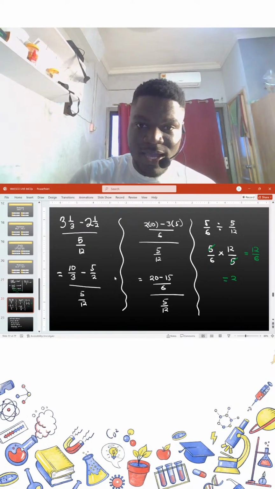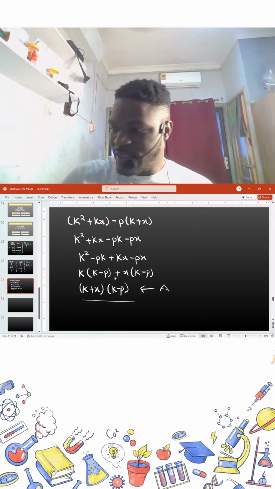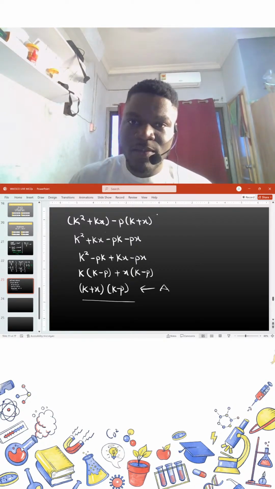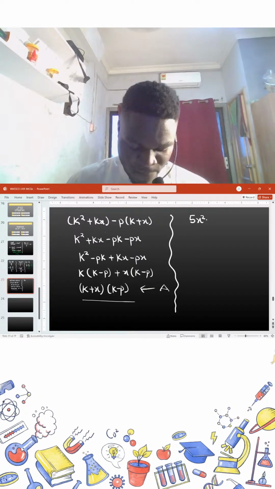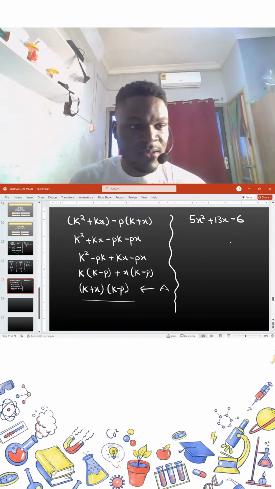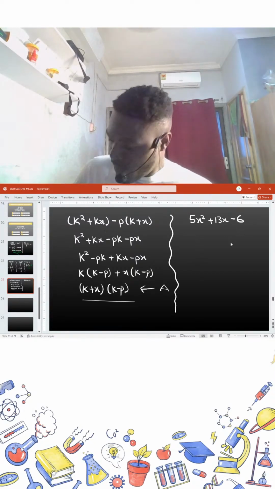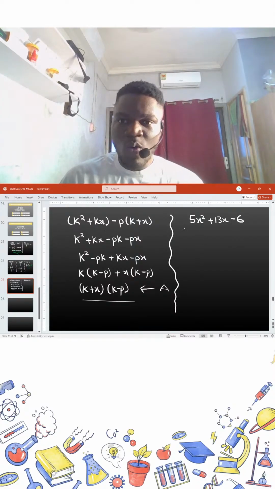Let's just do it here near this previous answer of ours. So the expression we have is 5x squared plus 13x minus 6. Now, in order for us to solve this, we need to use the coefficient.